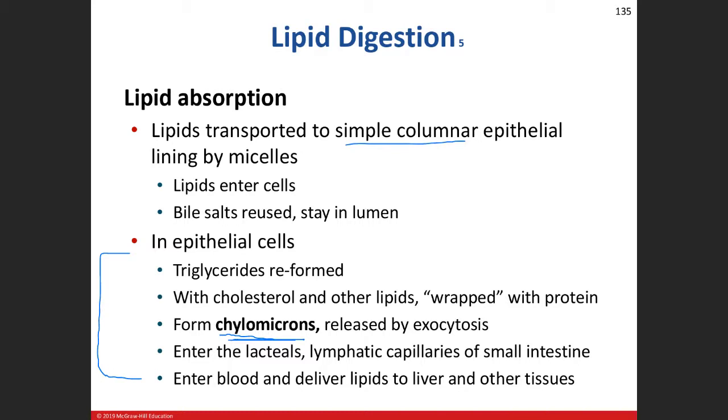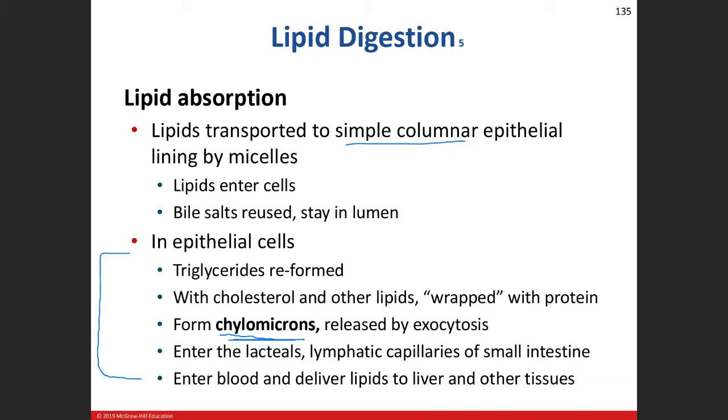That's what these structures are. So now we basically gave up one wrapping for another. We had a wrapping outside in the lumen from the bile salts. Now inside the cell, we wrap up these lipids with a protein. These lipids wrapped in proteins, we call chylomicrons.